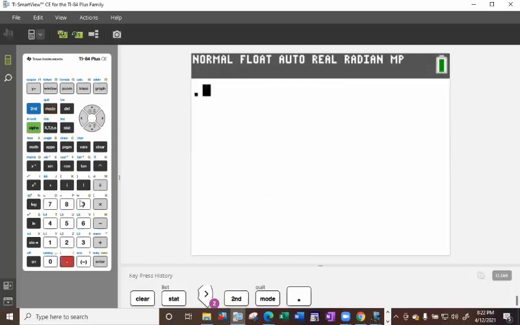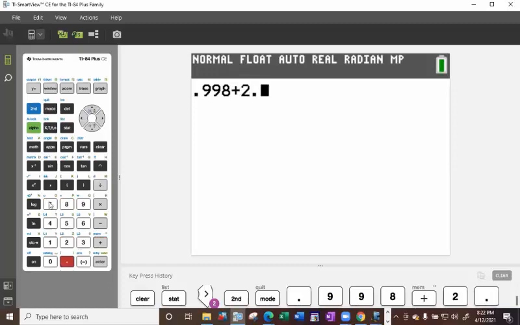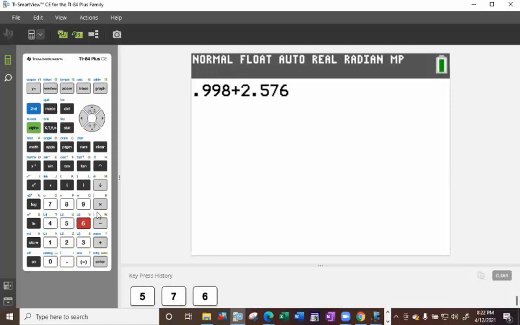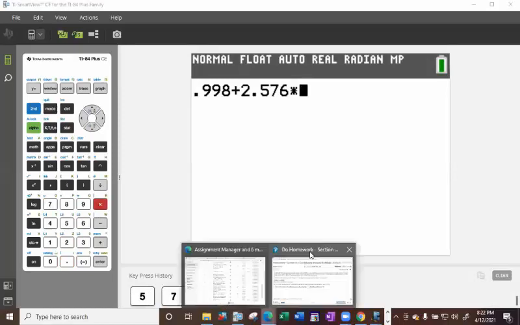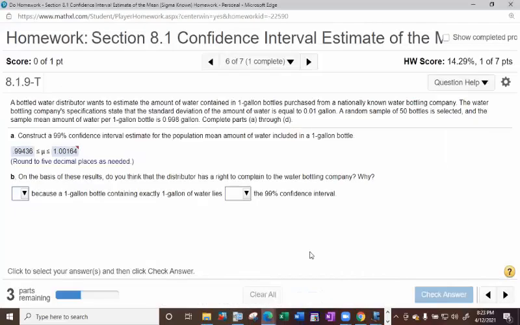Let me try it manually here. 998 plus. I'll use 2.576, but I might have to get more accurate than that. 50 divided by the square root of 0.01.